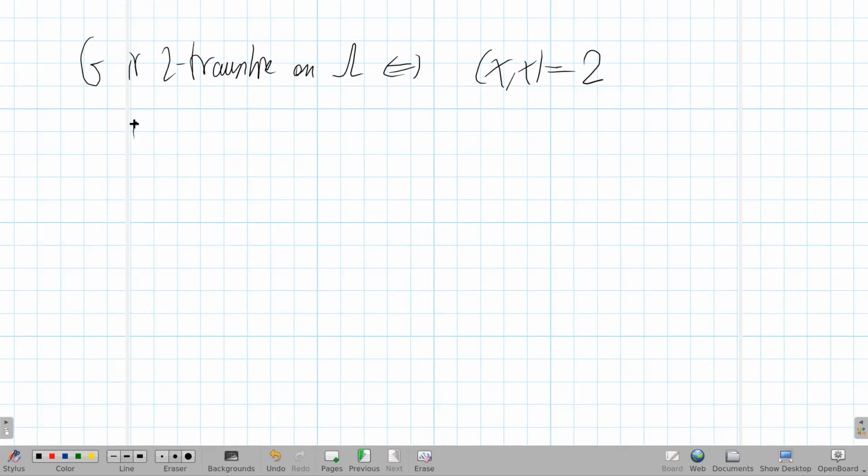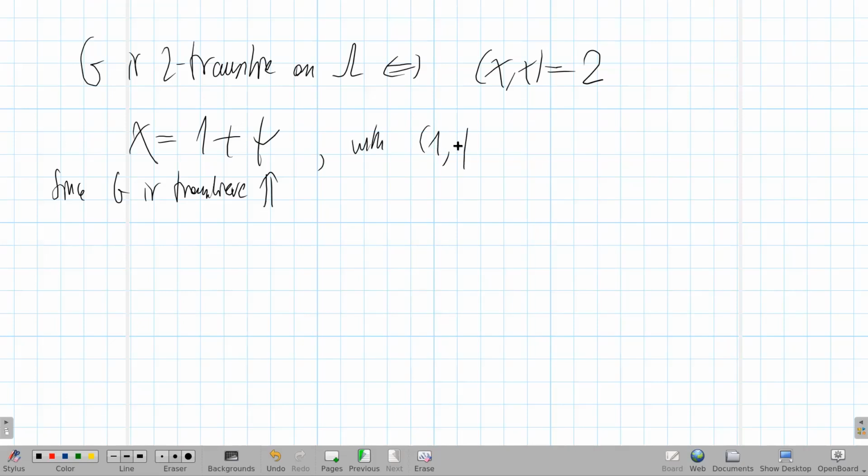But recall that chi contains 1, because by assumption G is transitive, so chi is equal to 1 plus psi, where the trivial character 1 does not appear in psi, is not a constituent, with the inner product of 1 and psi equal to 0, okay?